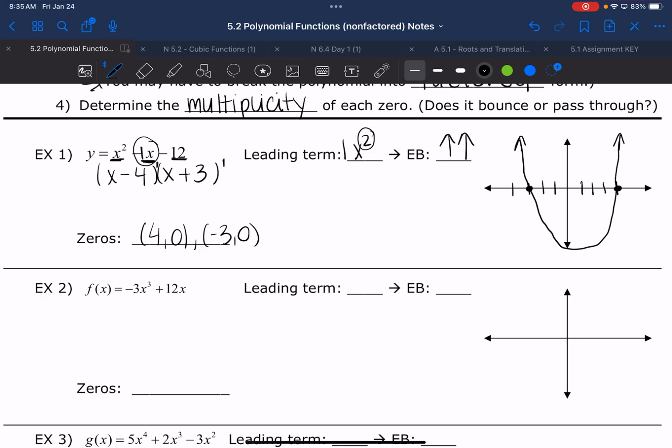Yeah, put that over, that's 5. And then minus 3.